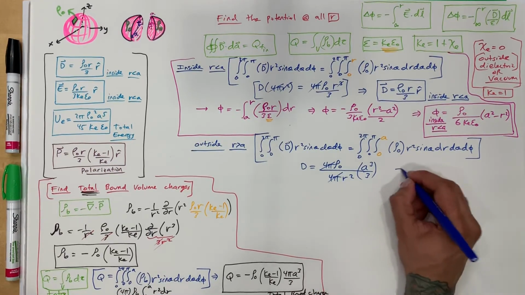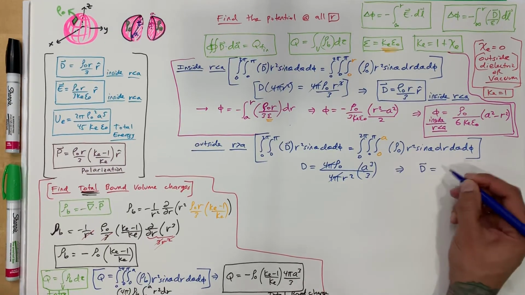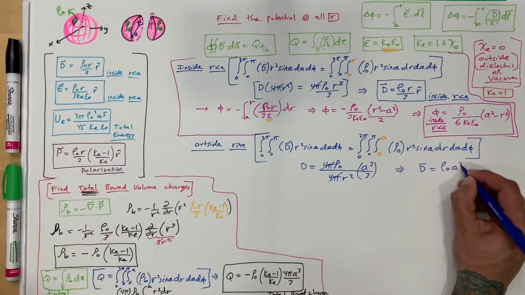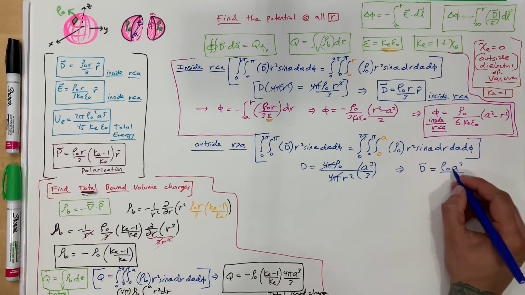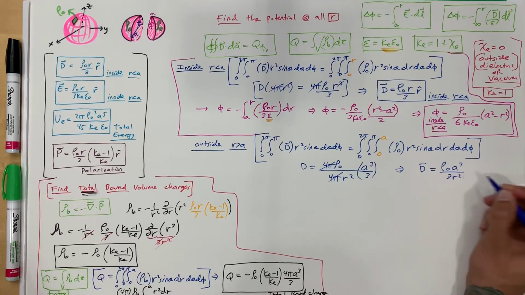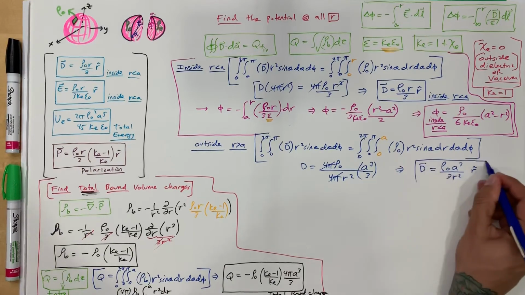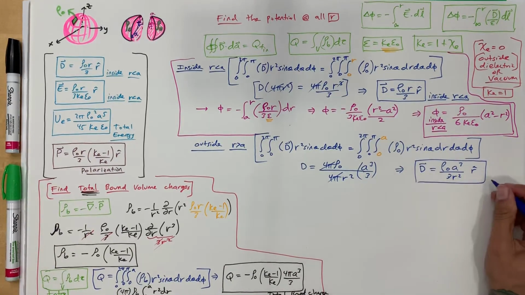And so our final answer is going to be rho naught a to the third over 3r squared in the radial direction. Okay, this is for the outside, where r is greater than a.